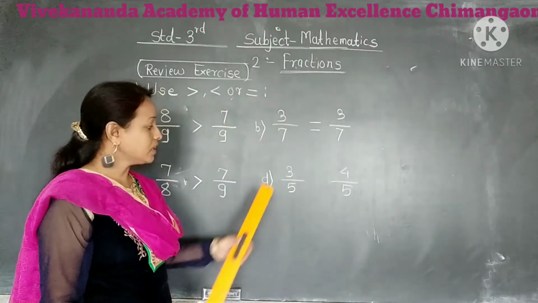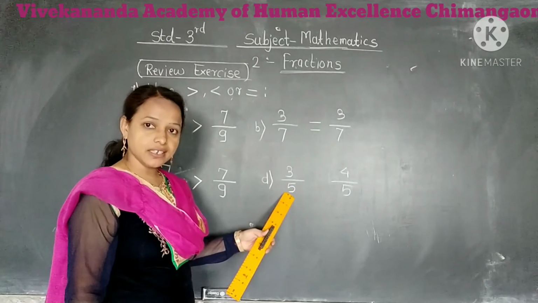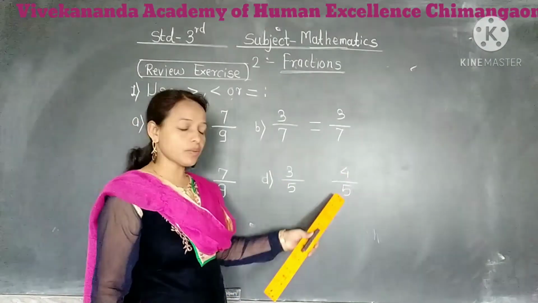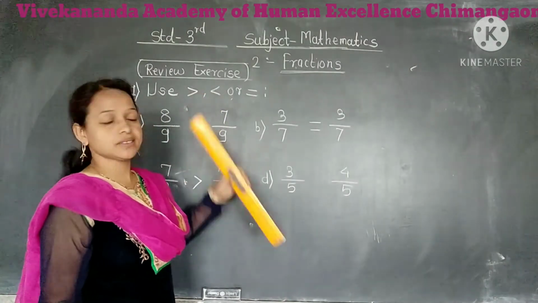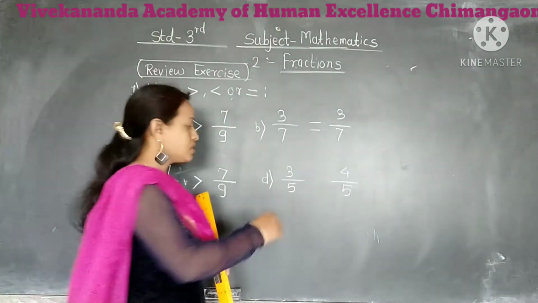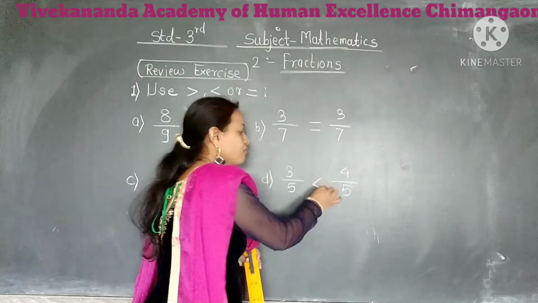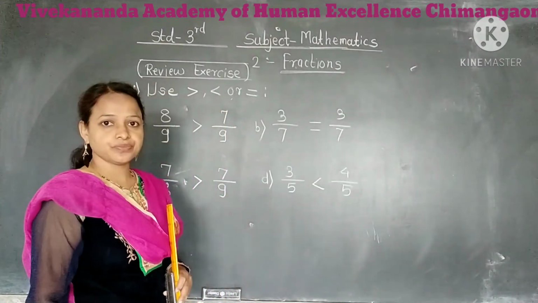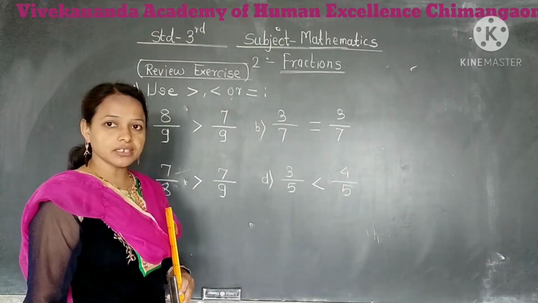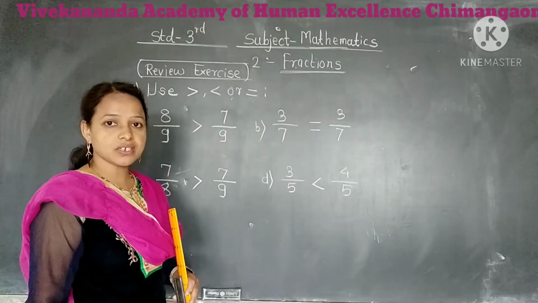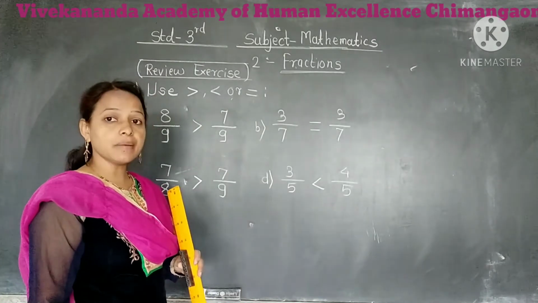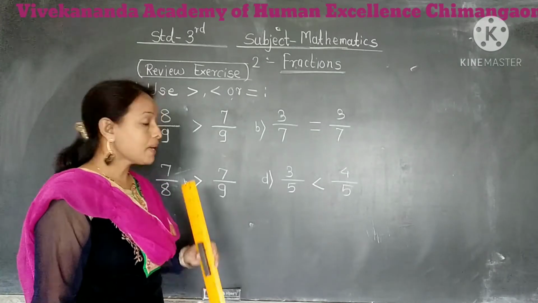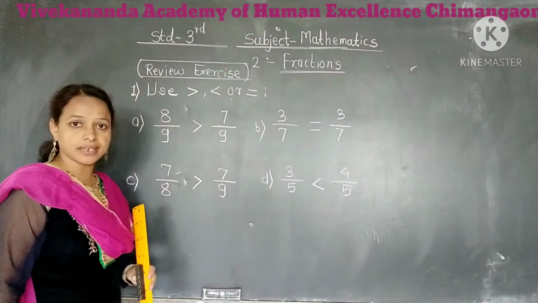So 3 upon 5 is smaller than 4 upon 5. Which sign do we use? Correct, this sign. 3 upon 5 is less than 4 upon 5. So students, we have learned the rule of comparison of fractions, and with its help we compare the given fractions by using these signs.